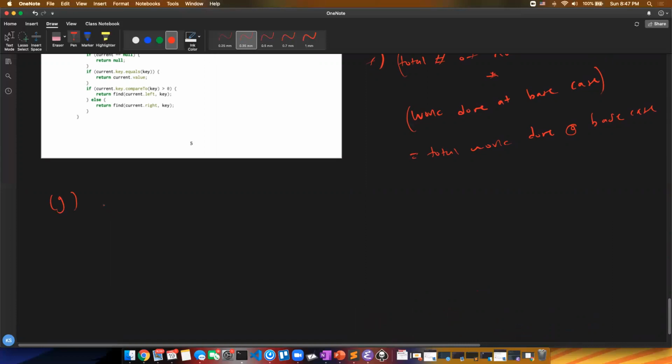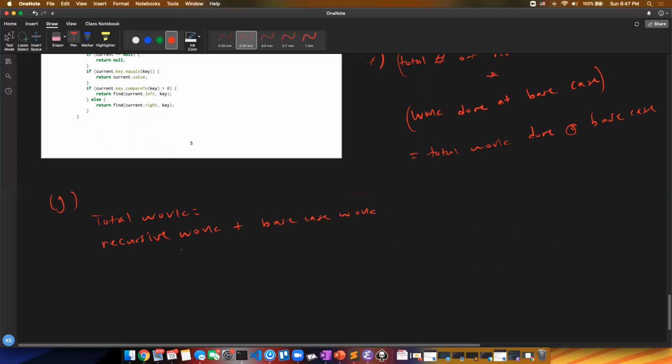So G is basically saying, we know that the total work is given by recursive work plus base case work, right?